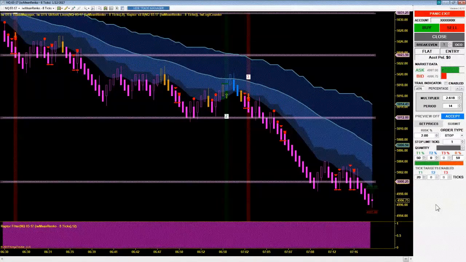All right, so the kingpin now, the granddaddy of the tools, is this thing that you see right here in the right-hand margin. This is called the Trade Manager. This is an ultra sophisticated piece of trading software. When Adam first told me his intention of making the Trade Manager, I didn't think it was possible at a retail level.